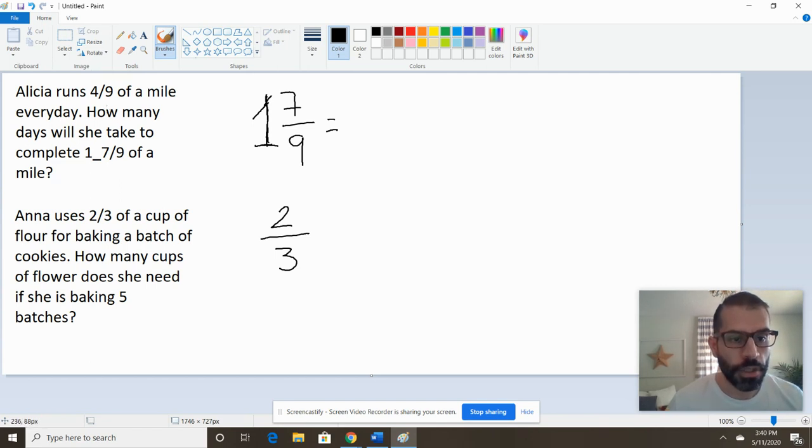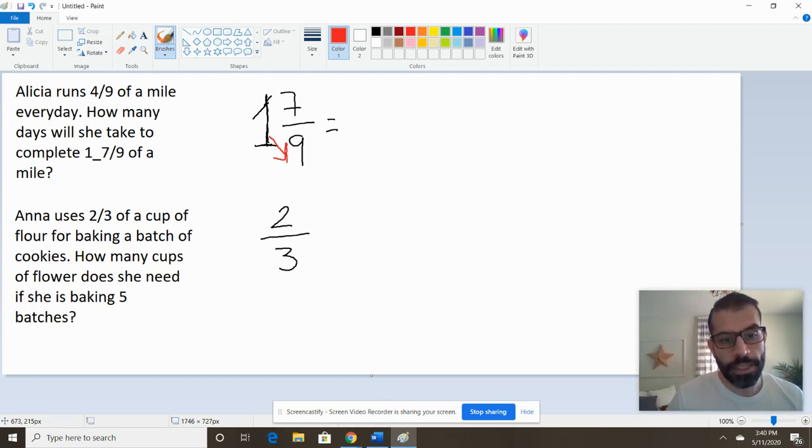We're going to start by taking 1 7/9, and since this is what I need to get to, it will be easier if I just change this into an improper fraction. So I'm going to go ahead and change 1 7/9 into an improper fraction, and you already know you have one whole, and each whole is split in 9 equal parts.